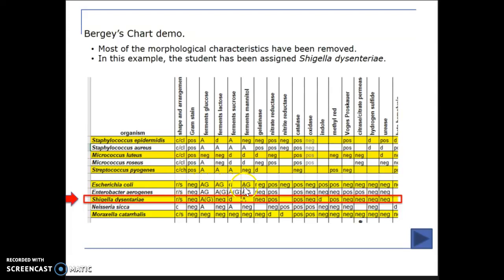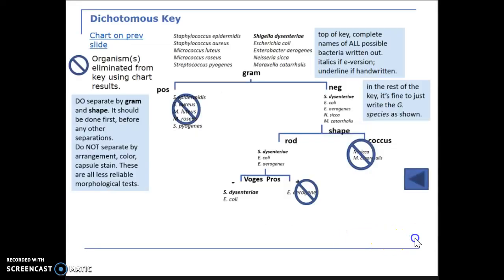Let's see, ferments mannitol, ferments lactose. Okay, those are both tests that I could use. Oops, there's my mistake. I changed things. This really should be moved over. Okay, so I'm going to scoot it over. Can't do that right now. All right, this really should be scooted over to the Shigella and E. coli.